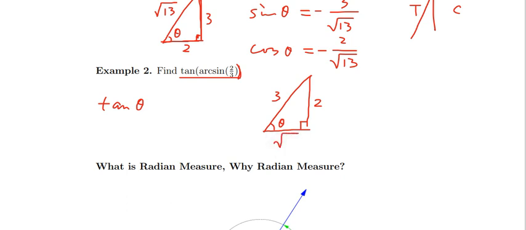I find this side is radical 5. So you should make sure where this radical 5 comes from. Use a squared plus b squared equals c squared, right? From the right triangle, we can easily see that tangent equals 2 over radical 5. This is tangent, so positive or negative? For arcsine we always use positive. Okay, so those are the topics of last class, right?